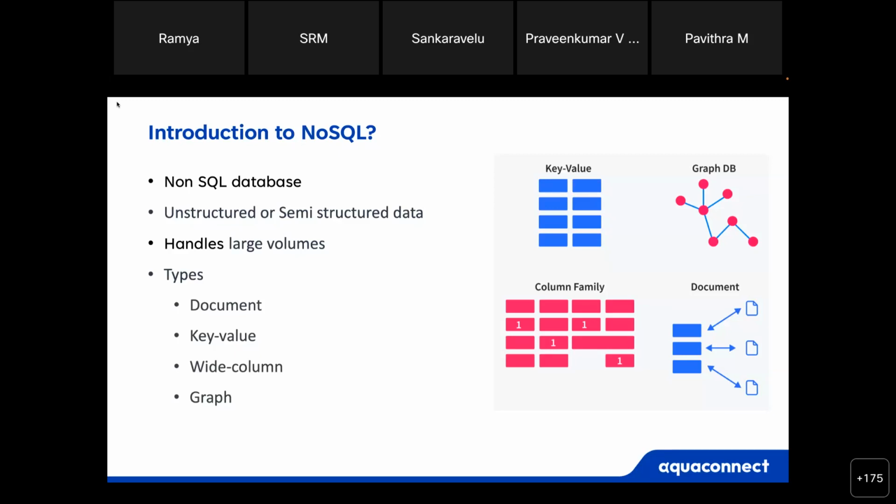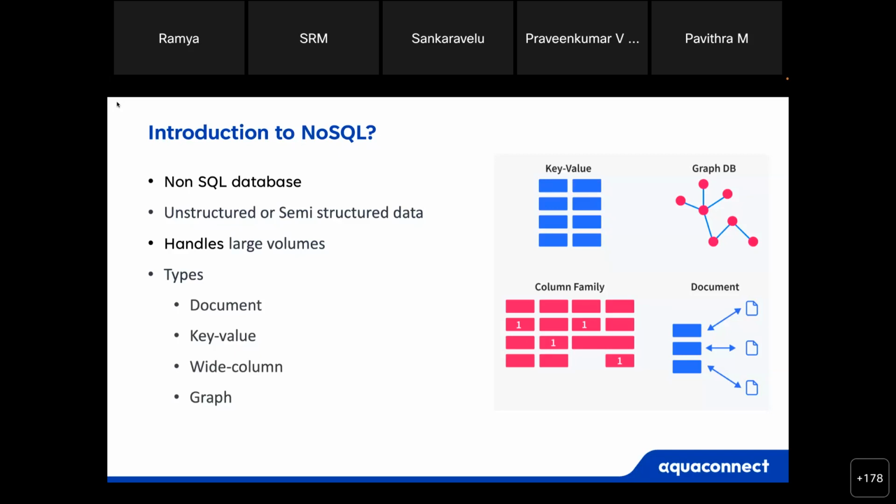The data stored as a document is called a document database. A document is nothing but JSON, multiple key value pairs. A key value database stores the data in a key value format. While querying, you have to put the key, so you can't query with the value.